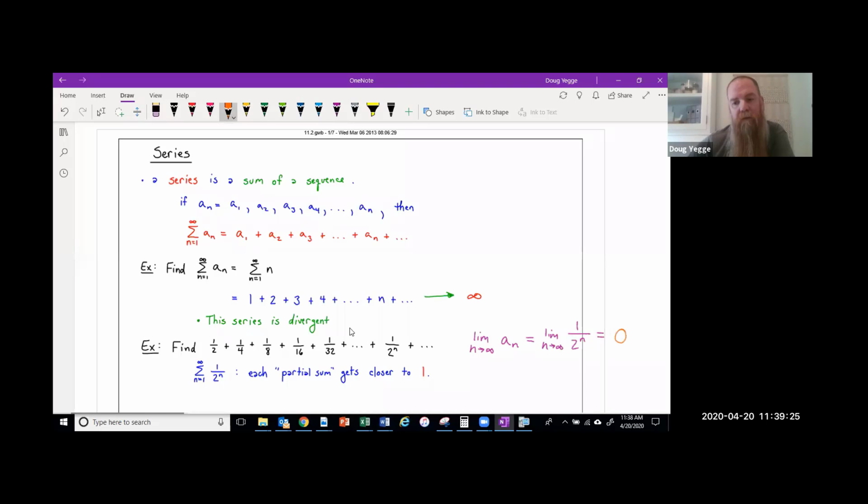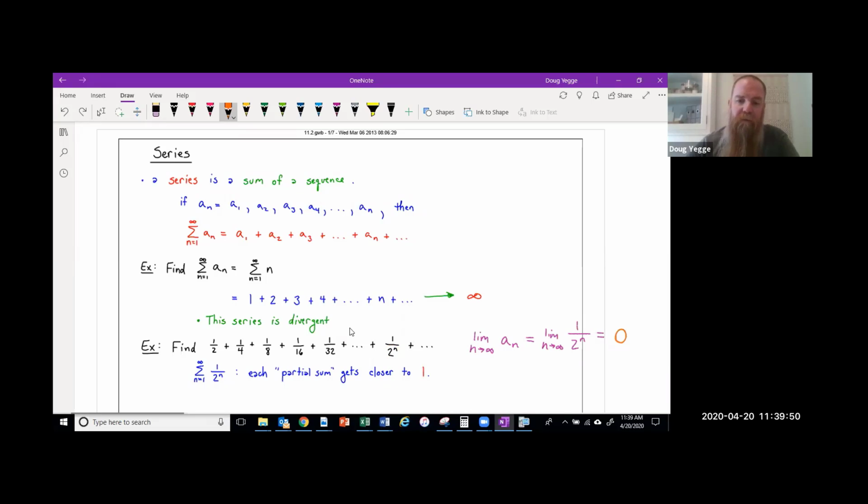Doesn't it look like the terms are getting closer and closer to 0? So the limit of the sequence is 0, going from 1/2 to 1/4 to 1/8 to 1/16 to 1/32 to 1/256 to 1 over 4096. Notice those terms are getting smaller and smaller because the denominator is getting larger and larger.